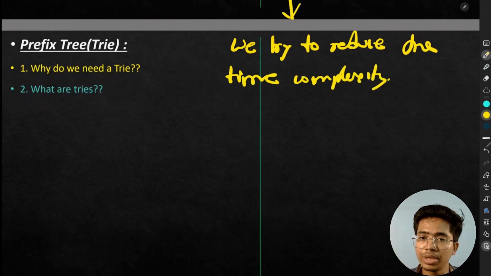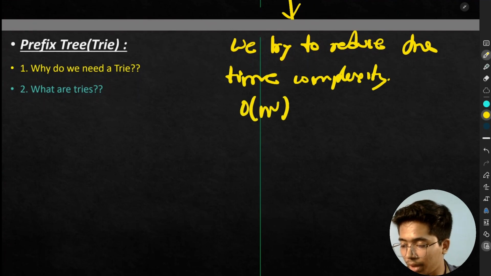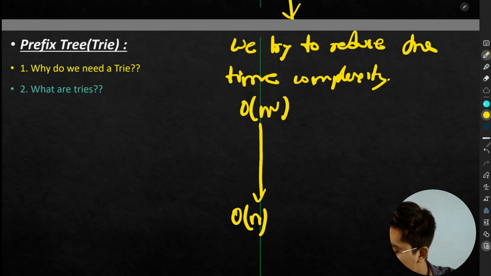That means our main goal is to reduce the time complexity. We got the time complexity to be big O of n square, but we want a method where we can get the time complexity of big O of n. That means we want to come to linear time.